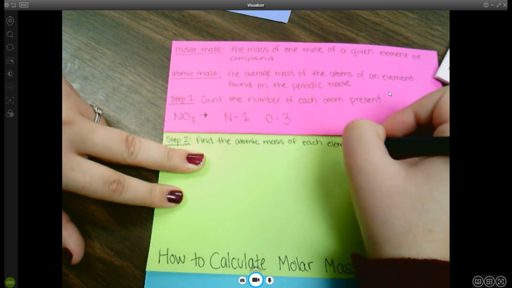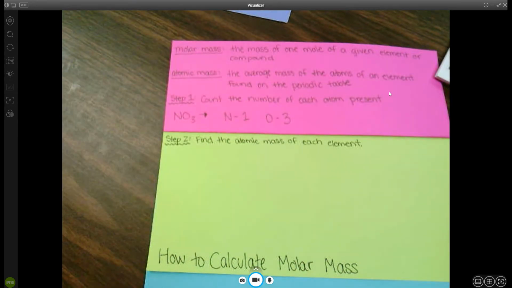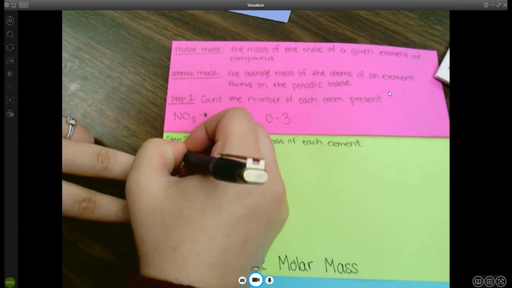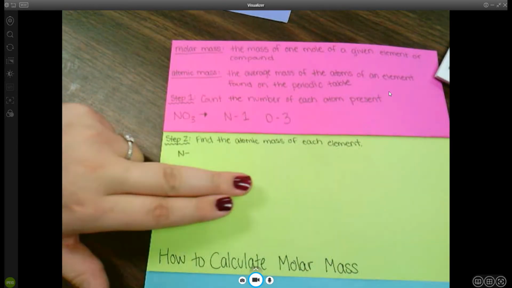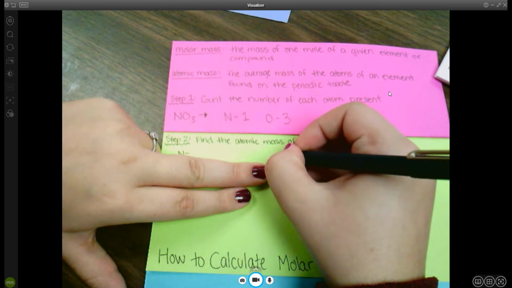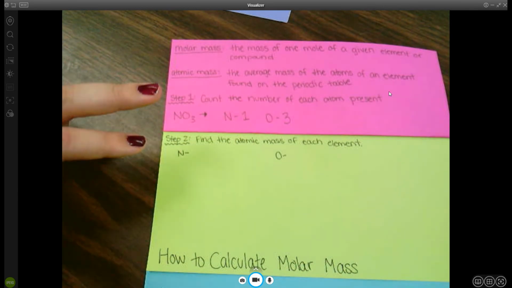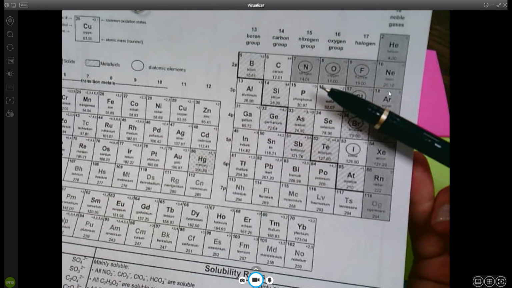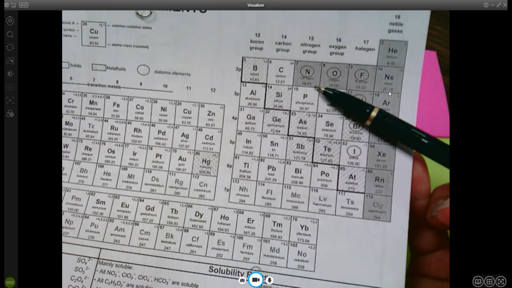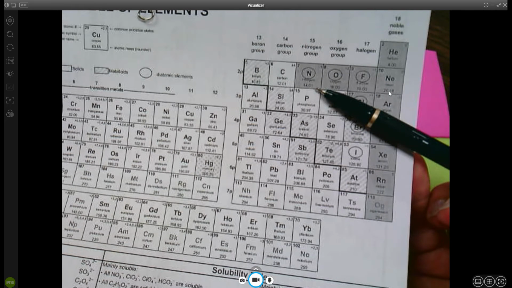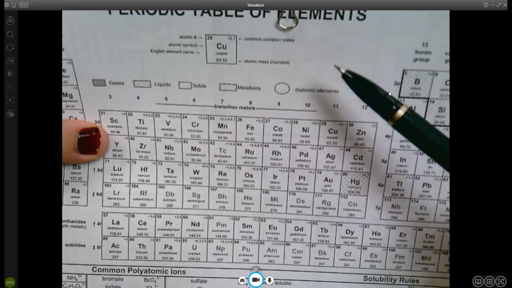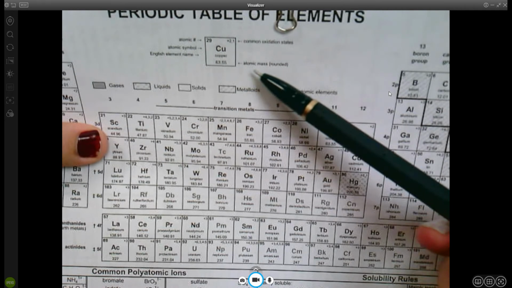And again, this is what you find on your periodic table. So we have nitrogen, which is N. And we have oxygen, which is O. So this is where I'm going to look at my periodic table. I'm going to find nitrogen. Do you see this number at the very bottom? This is your atomic mass, okay? We know this because our key tells us, hey, this bottom number is atomic mass.